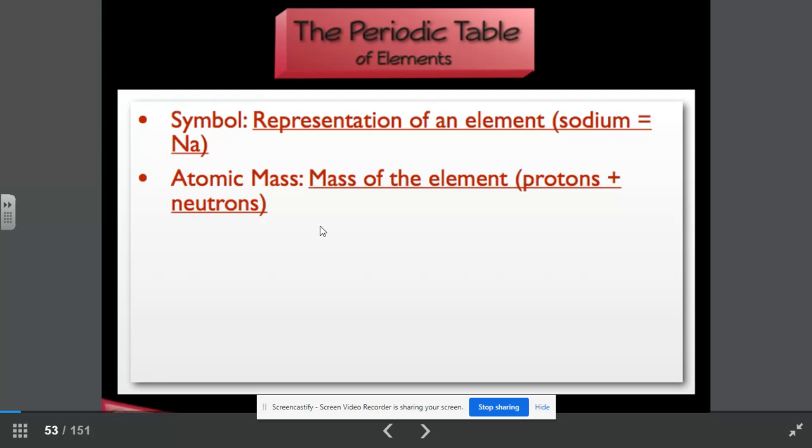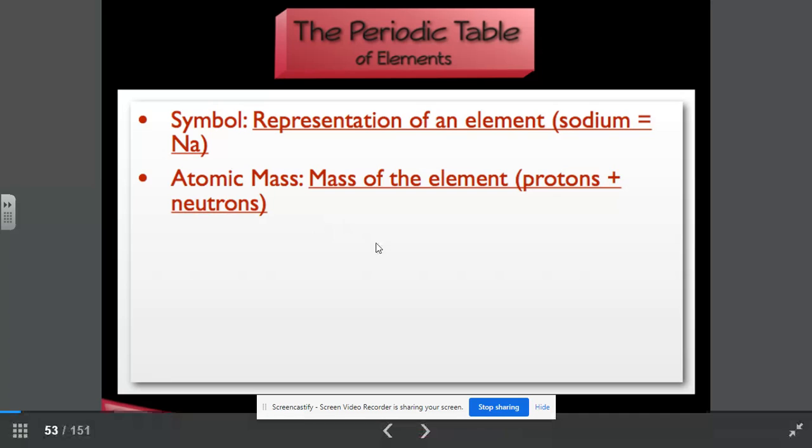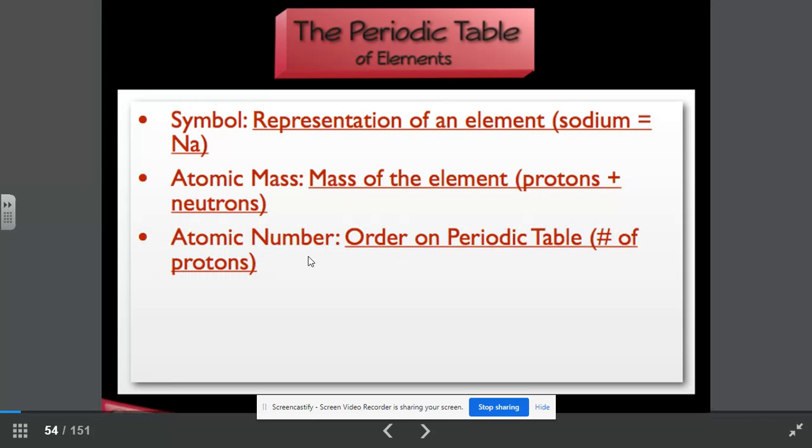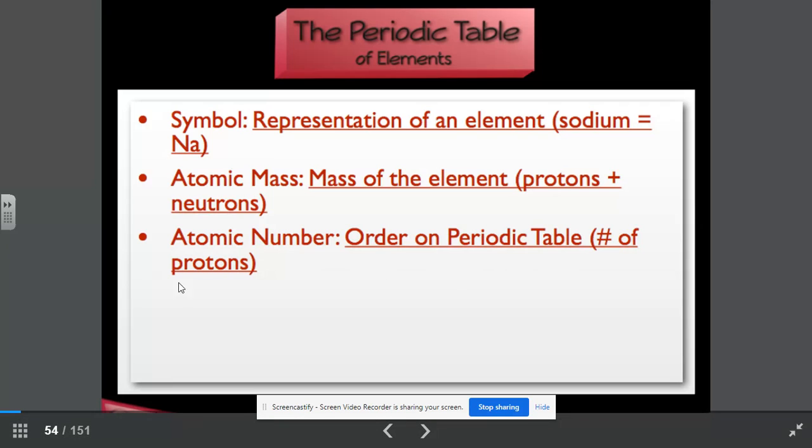We also have the atomic mass. The atomic mass is the number of protons plus the neutrons. Oftentimes, it will be a whole number plus a fraction or a decimal. The atomic number is very important. The atomic number is the order on the periodic table, and it is based on the number of protons in the nucleus.